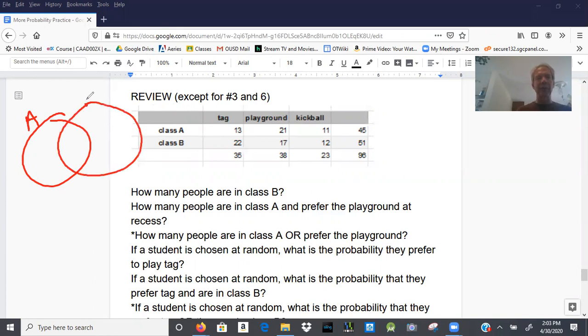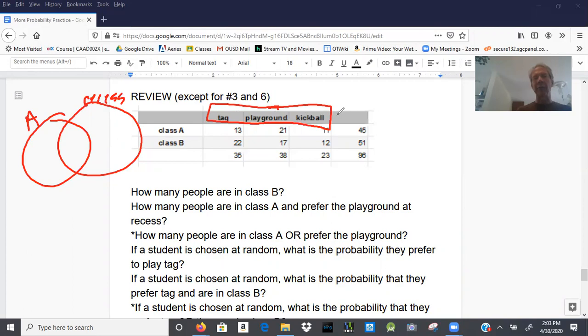Does tag go inside the circle or outside the circle? Or playground, does it go inside the circle or outside? Because there are three options here, and this is not a binary question of you're either in the circle or you're not in the circle, you can't do a Venn diagram for this.